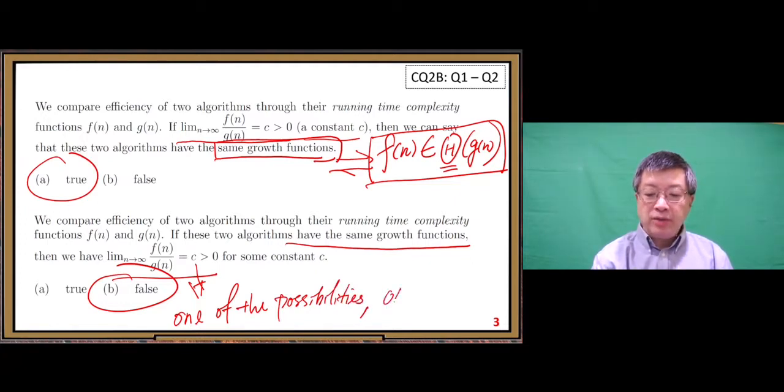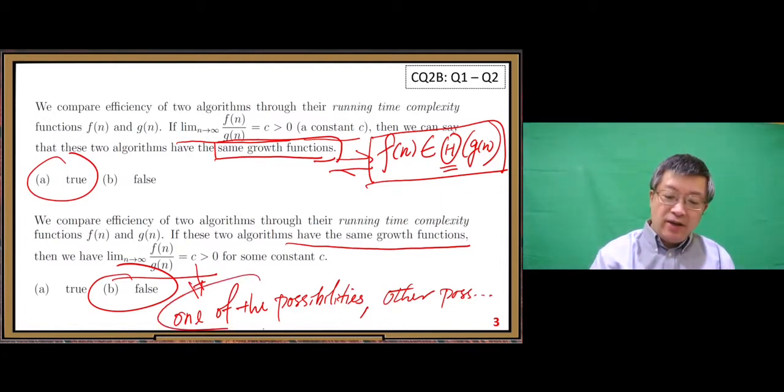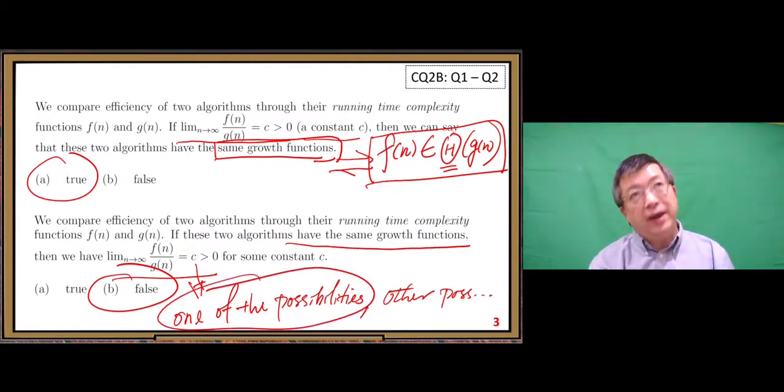And there are other possibilities. So you cannot say this must happen. You cannot say that.